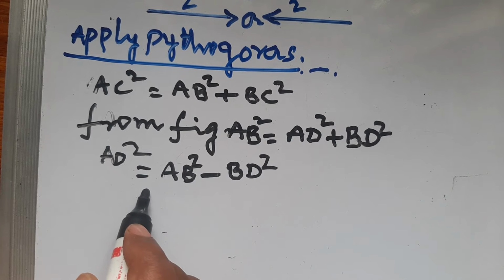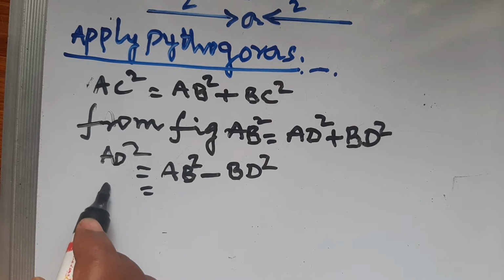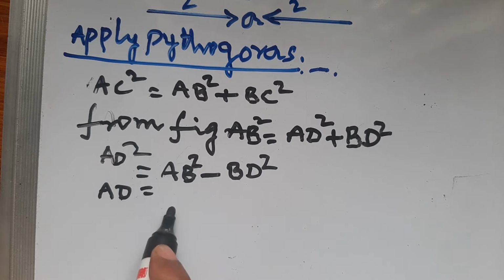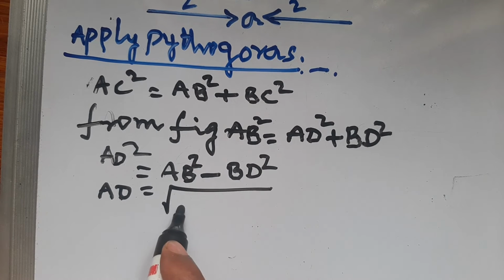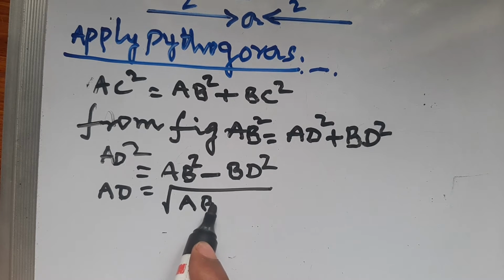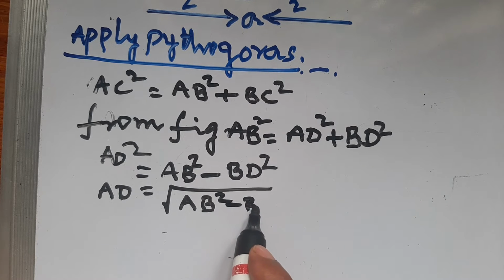What is AD? If you remove the square, AD is coming under root of AB square minus BD square.